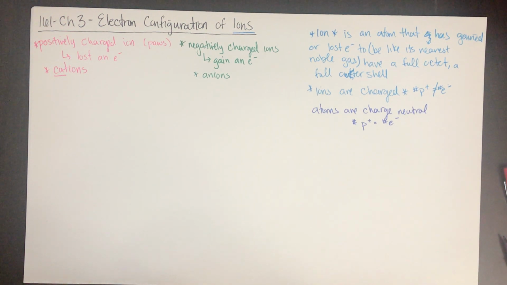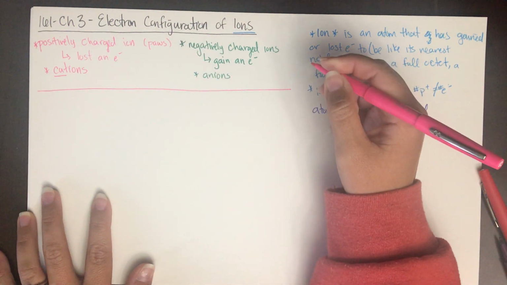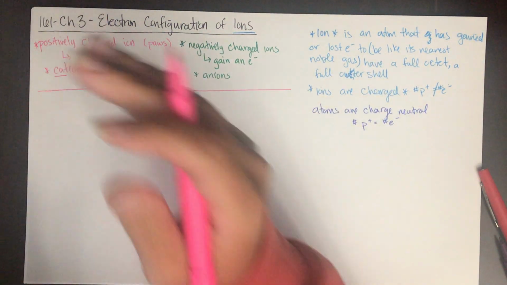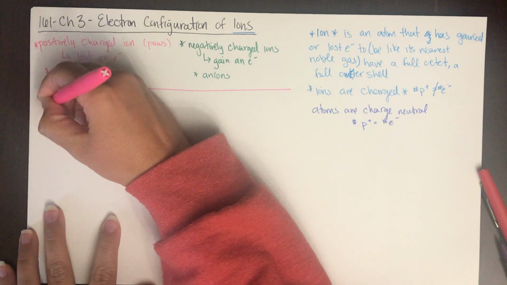So let's just look at the example that I just showed you with the periodic table. Let's look at sodium and let's look at fluorine. Okay, let's look at sodium first. Let's look at the sodium atom first and compare it to the sodium ion.